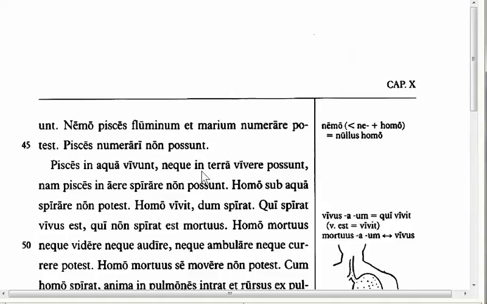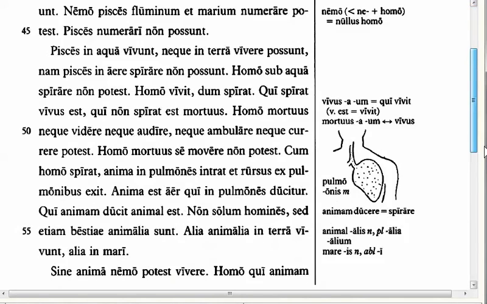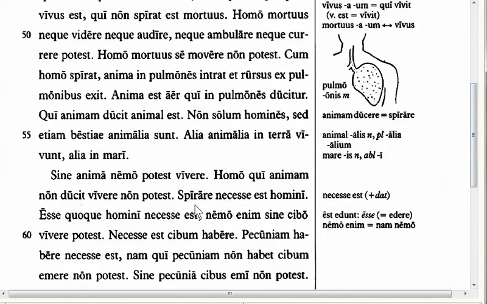The next feature is in line 58. And notice here we have necesse est, spirare necesse est homini. So it is necessary for a person to breathe. And the two features here I want to point out are, first, necesse est is what we call an impersonal verb. And impersonal literally means without person.